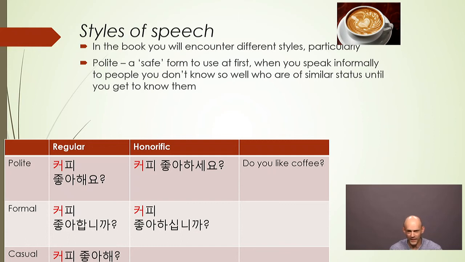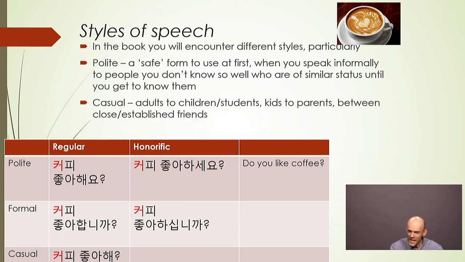Now, this is basically a safe form to use at first when you speak maybe informally to people you don't know so well, who you judge or you believe are probably of a similar status to you, for example, similar age, similar year at school or at university, until you get to know them a bit better.